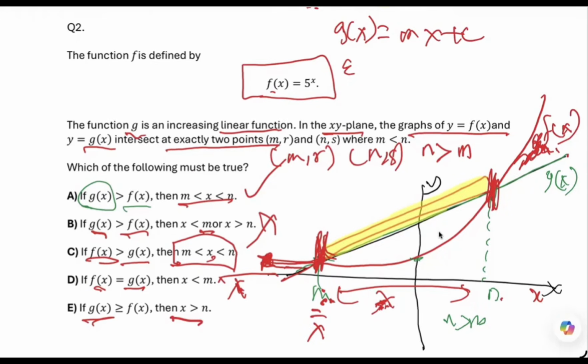No, it cannot be. That means it's greater. If it's greater, that means n is greater than x is greater than m. But if it's equal to, you just use the same function, m, x, and you put an equal sign here, something like that. And so x cannot be greater than n. And this is how you analyze everything.